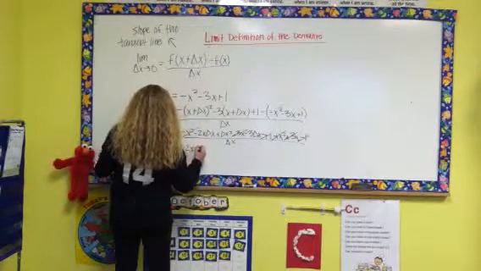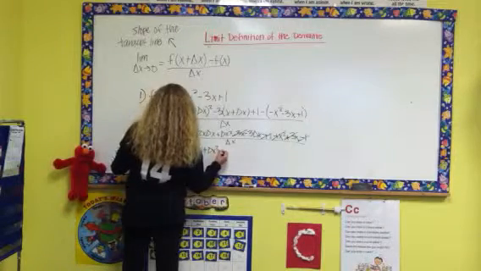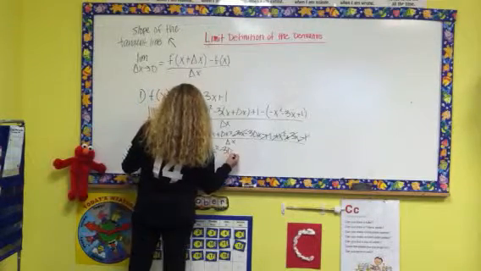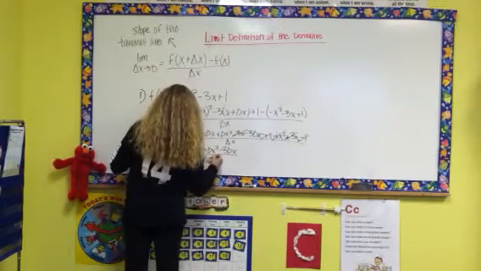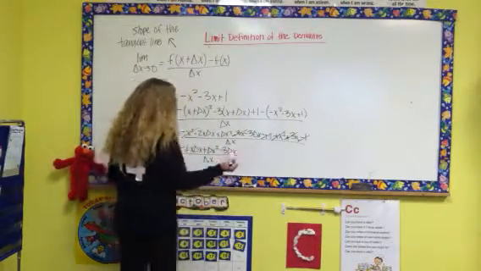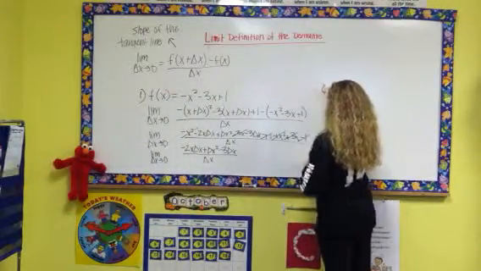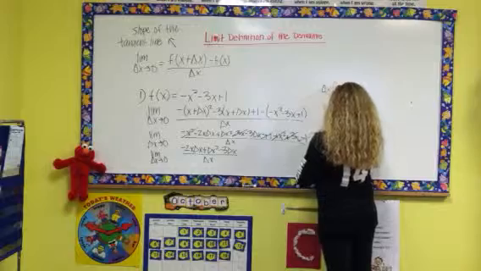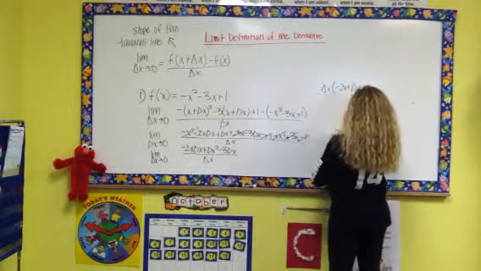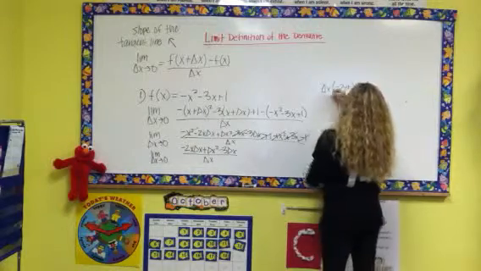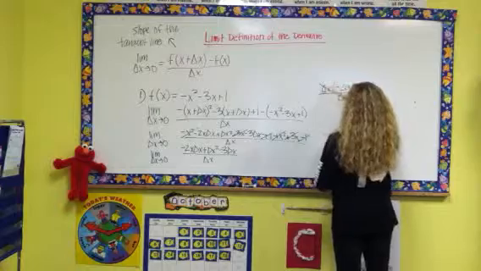negative 2x delta x plus delta x squared minus 3 delta x all over delta x. Then we can factor out a delta x and we get negative 2x plus delta x minus 3 over delta x, which cancel out.